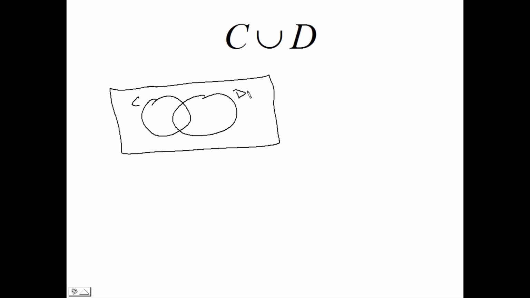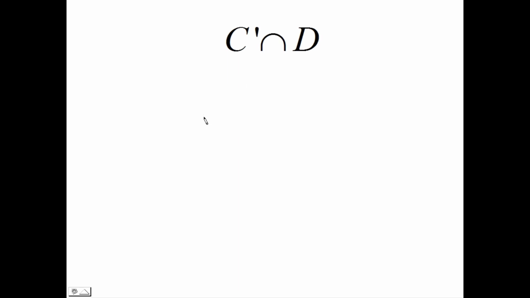In other words, if I were to ask you, do you own a cat or a dog? If your answer is yes, you should be shaded. So what areas are going to be shaded? Well, everything in C is going to be shaded, but also everything in D, including that little area of people that own both a cat and a dog. That's C union D.